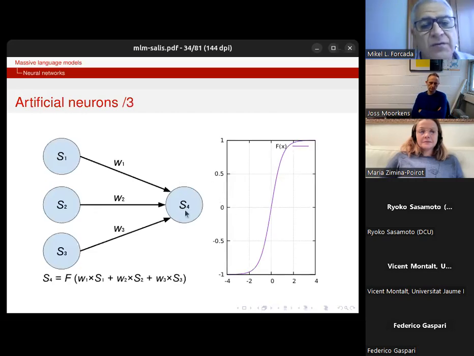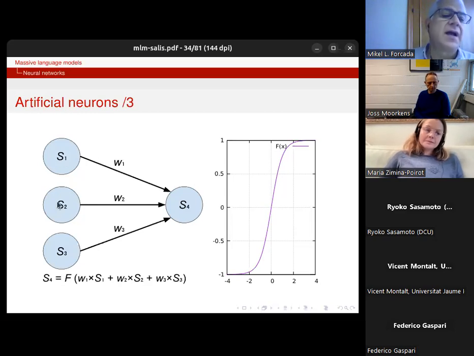So here we have neuron 4, and it's getting stimuli from neurons 1, 2, and 3, which are connected to it with weights W1, W2, and W3. The total stimulus that neuron 4 is getting from these 3 neurons is computed by just multiplying their activation state, S1 times W1, S2 times W2, and S3 times W3, and you just add them.